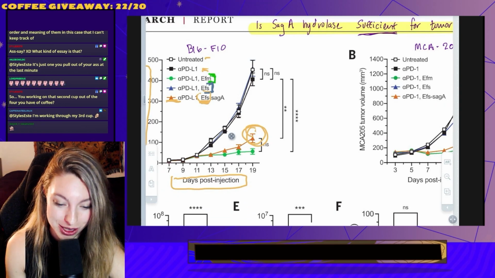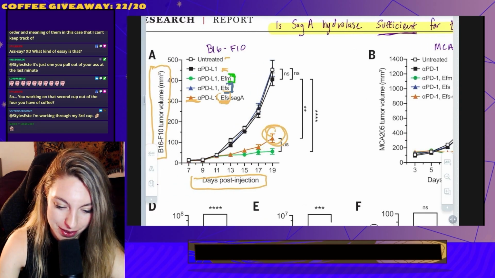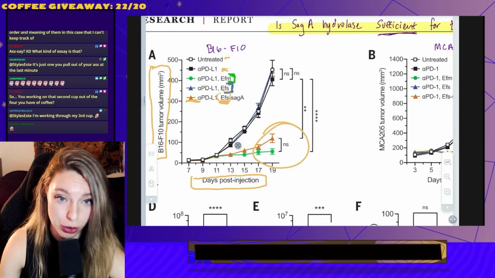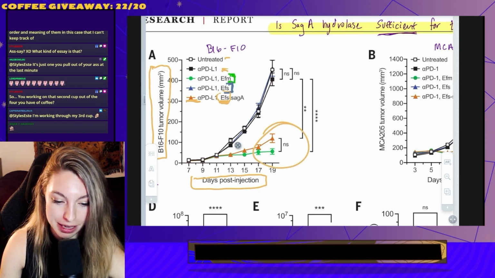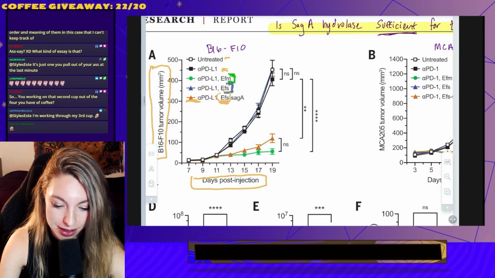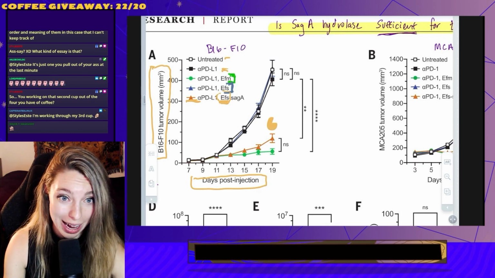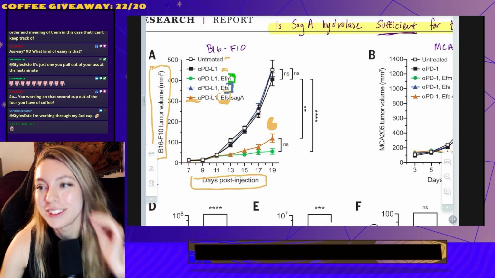The orange triangles, that's the EFS SagA bacteria. So this is showing that just by adding SagA to a bacteria that normally doesn't express it, that's enough to get tumor control. This experiment is clearly showing us that the SagA hydrolase, the little Pac-Man, is sufficient for eliciting this tumor control. Wow, super cool, right?